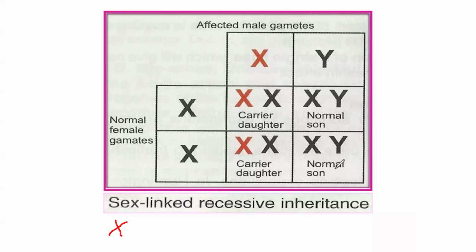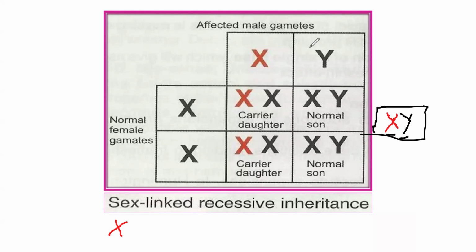But in a situation where you have XY, where you have the defective X with Y, you see, because this is the defective or carrier X, and of course men have only one X, that is why the disease usually occurs in men.